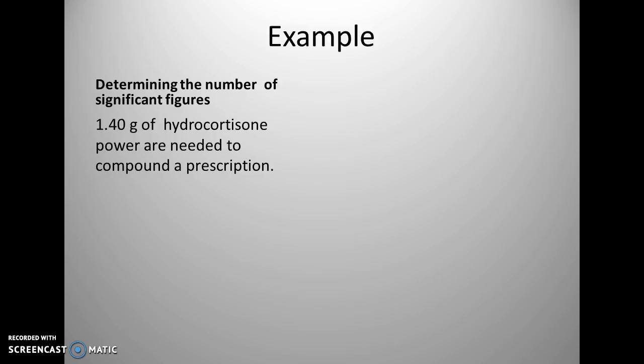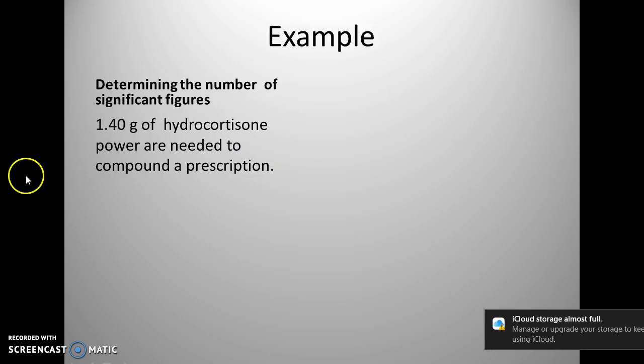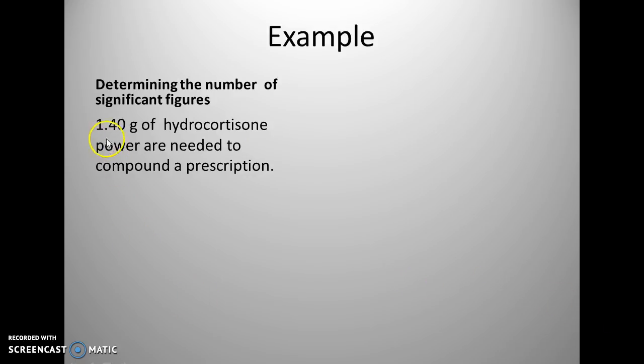The answer is, since final zeros after the decimal point are always significant, the significant figures is 3. So if you look over here, your significant figures will be 3. So 1, 2, 3. Why? Because since the final zeros after decimal points are always significant, the significant figures in this particular example is 3.